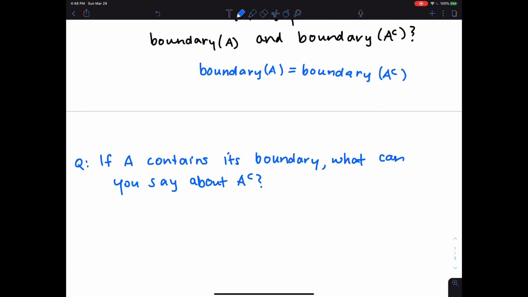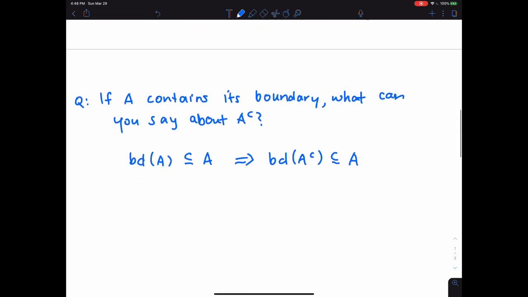Well, we just got done saying that the boundary of A and the boundary of A complement are the same. So if the boundary of A, which I'm going to abbreviate BD of A, is completely inside A, then that implies that the boundary of A complement is completely a subset of A. And what that tells us is that if I look at the boundary of A complement and I intersect it with A complement, I should get the empty set.